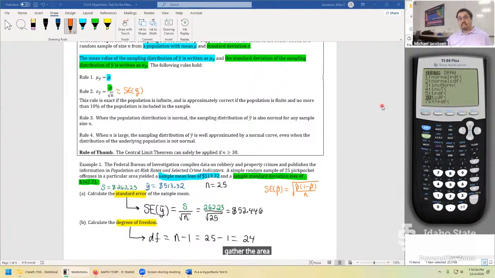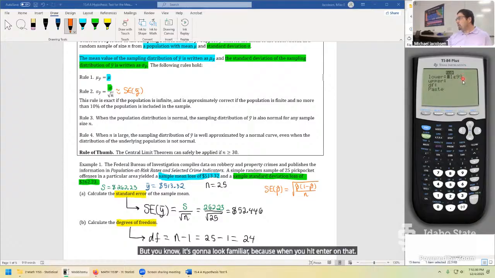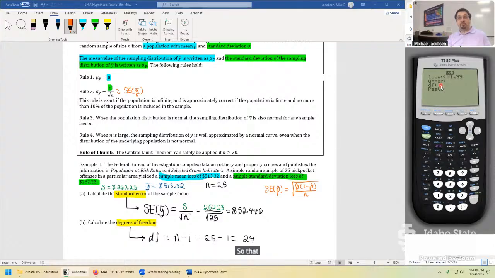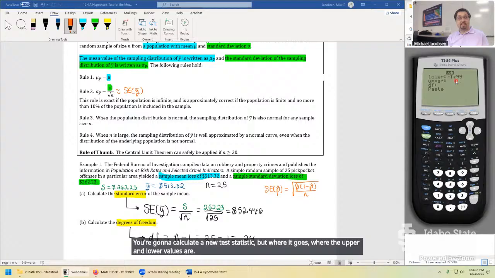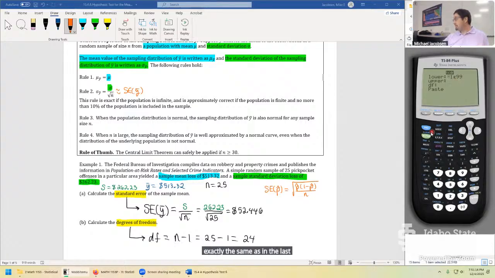That's going to be new, absolutely. But it will look familiar because when you hit enter, there'll be a lower value and an upper value, and you feed into it the degrees of freedom. That's the part that carries over from the last chapter. You're going to calculate a new test statistic, but where the upper and lower values go is exactly the same as in the last section notes.